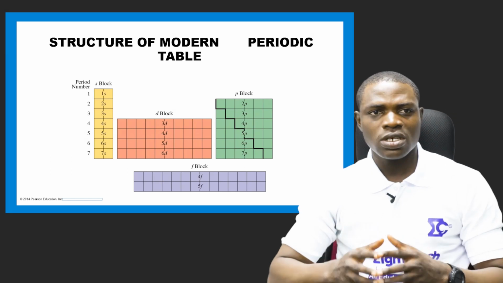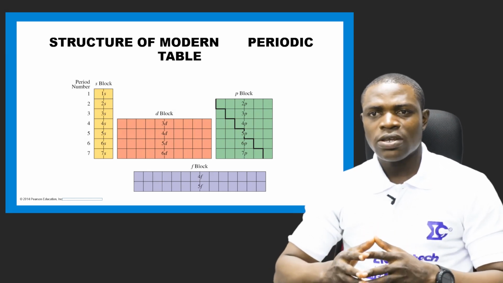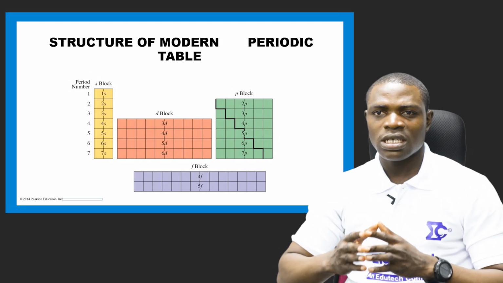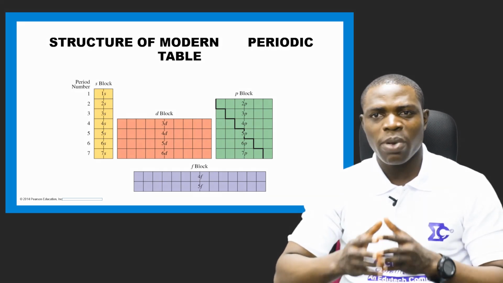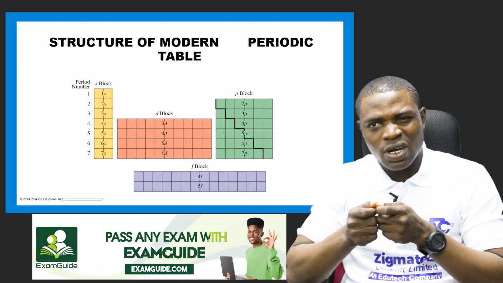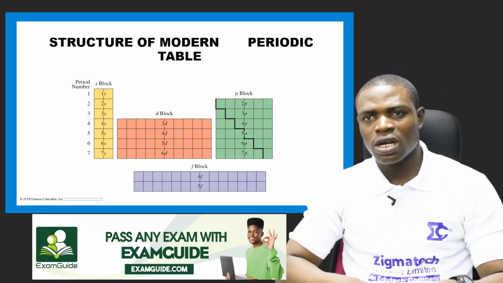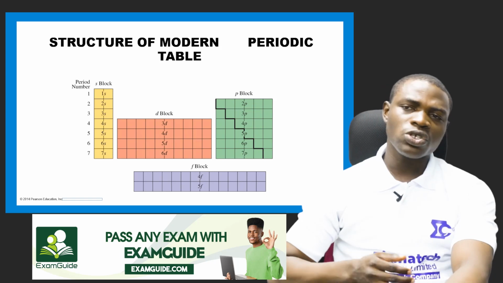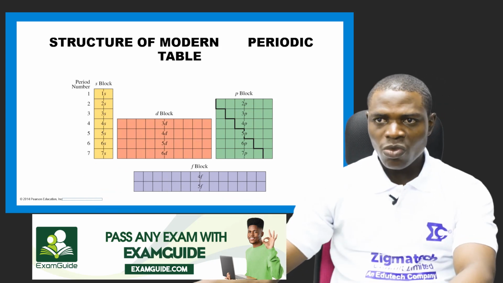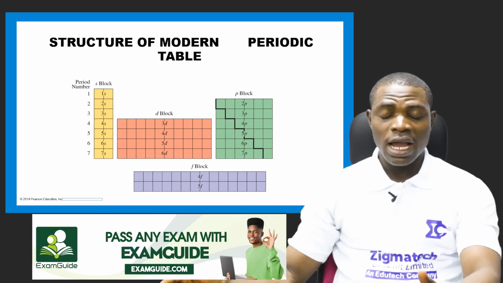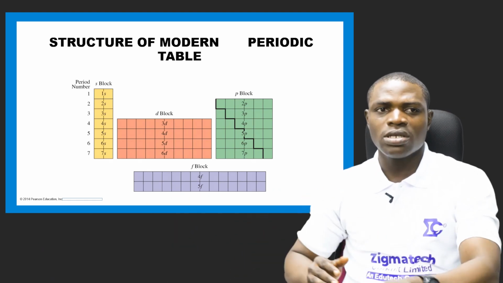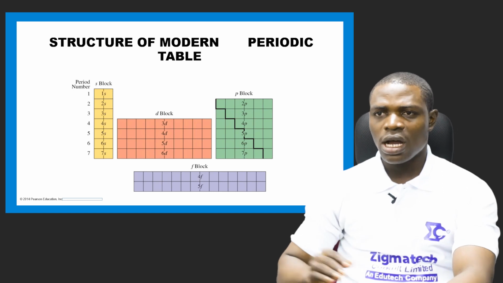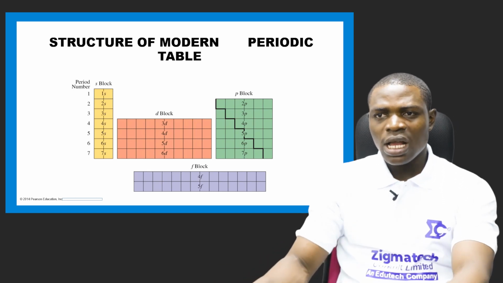If you look at the screen, you will see the column containing the yellow color, which shows the arrangement, the pattern, and the stratification for the S block elements. Then if you go to your extreme right, you are going to see the P block elements arranged in order of increasing atomic number.